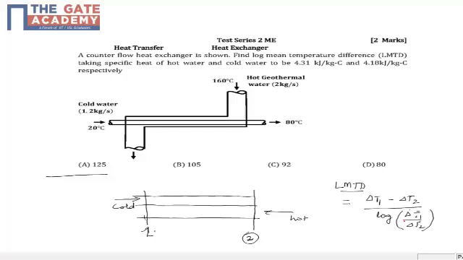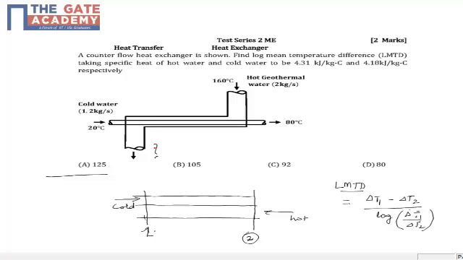Now in order to calculate this, you need to know all the temperatures at both the inlets and both the outlets. But going by the figure, we know the cold water inlet and outlet temperature, whereas for hot water we know the inlet but the outlet is missing. This is what we don't know, right?